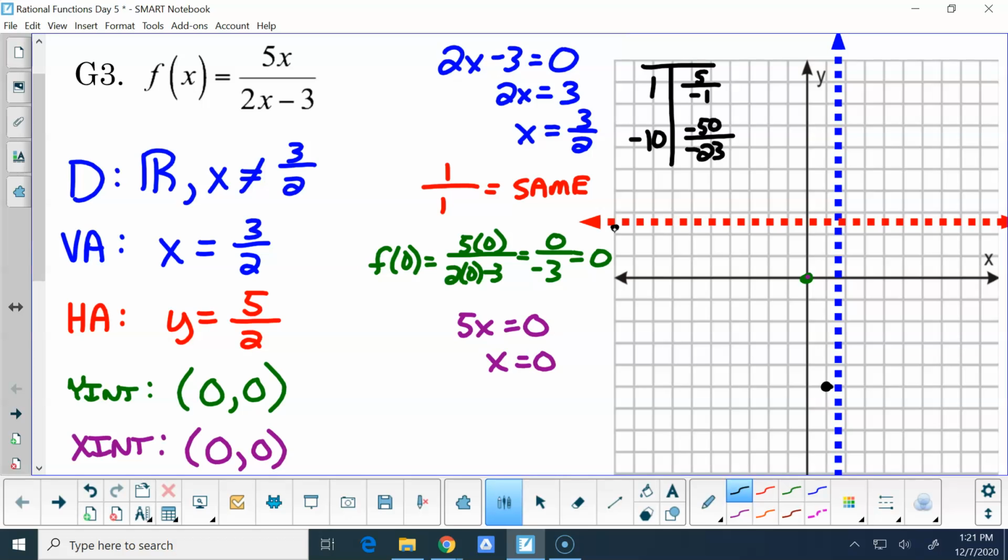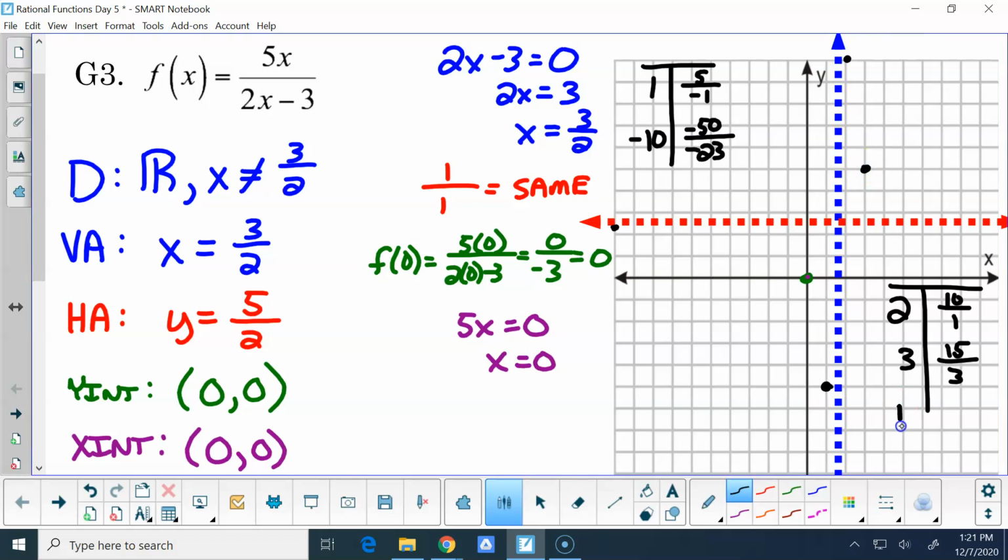Love it. Then we're going to come over here, and we're going to say, well, we've got to try 2 because 2 is the next whole number. 5 times 2 is 10. 2 times 2 is 4. Minus 3 is 1. 10 divided by 1 is 10. 1, 2, 3, 4, 5, 6, 7, 8, 9, 10. Then let's do 3 because it's the next one. 3 times 5 is 15. 2 times 3 is 6, minus 3 is 3. 15 divided by 3 is 5.